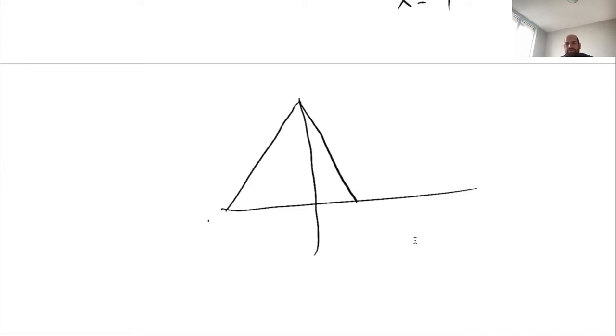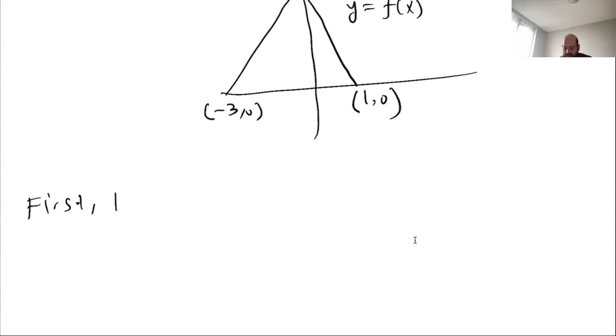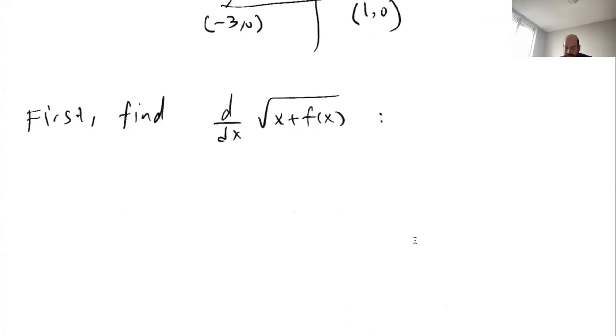Just find the derivative of this function as a function of x. Then we will replace x with -1 later. So first find d/dx of the square root of x plus f of x.